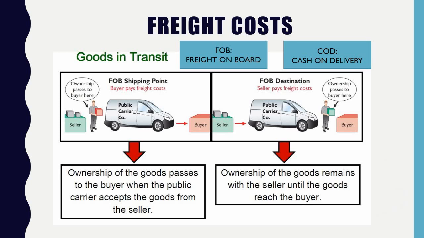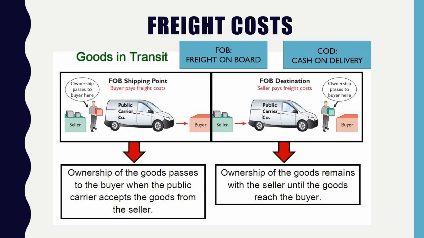But let's go ahead and talk about how ownership gets transferred and who pays for what, okay? So let's start with FOB shipping point. This is where it is from the seller's store and it's making its way to the buyer, okay? And here's a midway point. This portion right here is where the buyer is responsible to pay for the shipping because they're asking the seller to ship the items to their store.